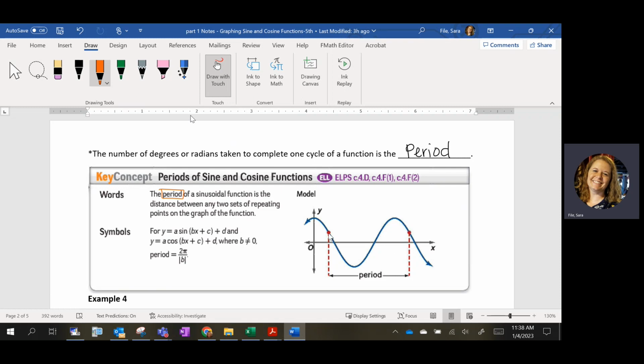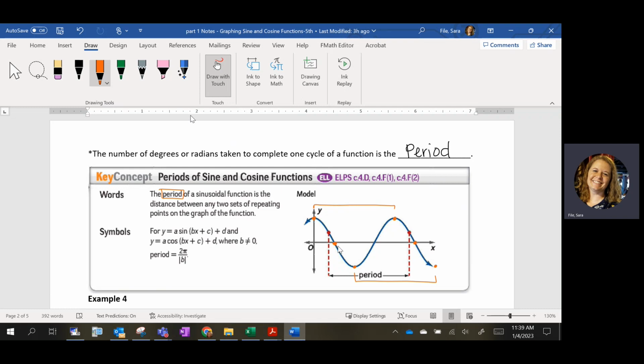Okay, so the place that they drew that, I think, is kind of silly. Nobody's going to measure the period there, but you could. That technically is the period. But what you're going to use to measure the period is usually going to be maximum to maximum, so high point to high point, or low point to low point, or a midline point, not to the very next midline point, but to the next midline point where it's going in the same direction.